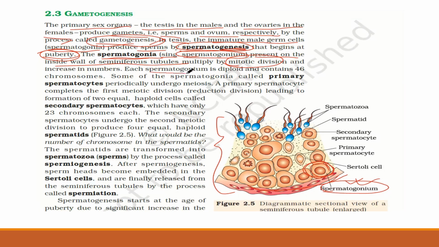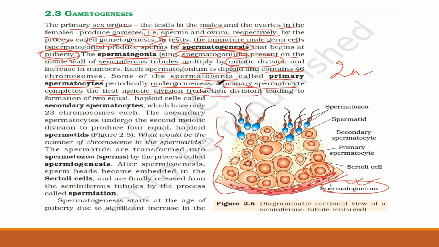Now each spermatogonium is diploid and contains 46 chromosomes. Diploid means 2n. Some of the spermatogonia are called primary spermatocytes. This full process we will be discussing in detail with the diagram also, then you will get it clear. First, just let us go through this. Periodically they undergo meiosis. A primary spermatocyte first completes the first meiotic division.